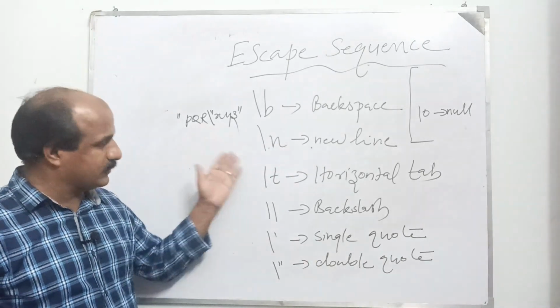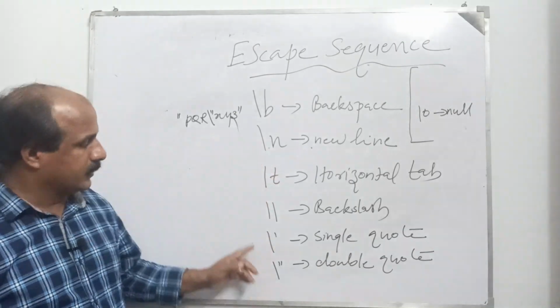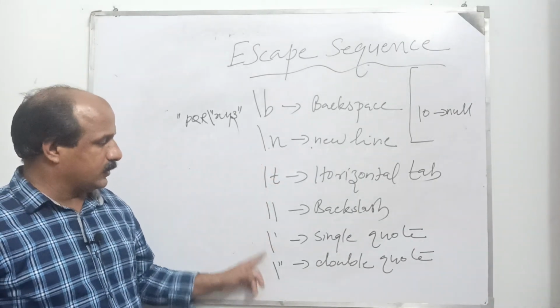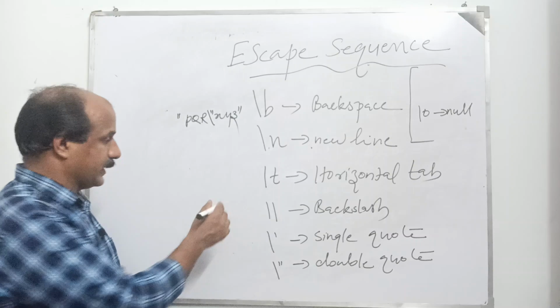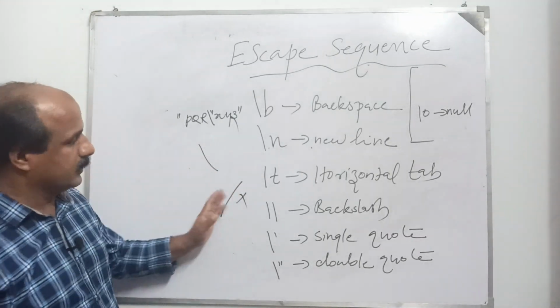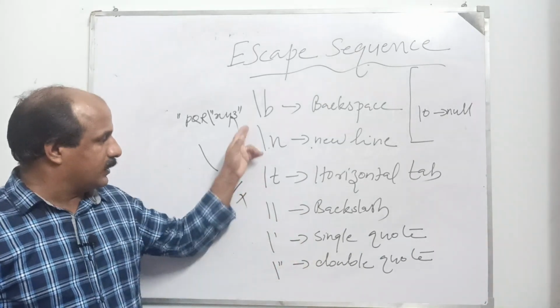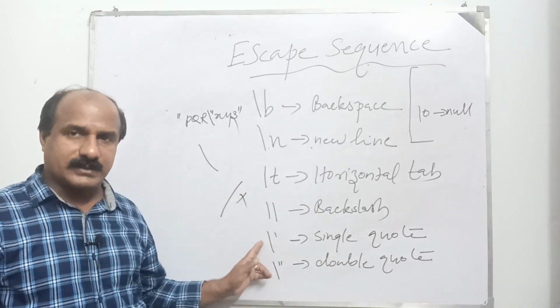Is it clear? So these all represent one character only. This is a double quote with a backslash. This is not a front slash, that is wrong. You have to write a backslash. Backslash single quote, then backslash double quotes. These are all used along with the backslash only.